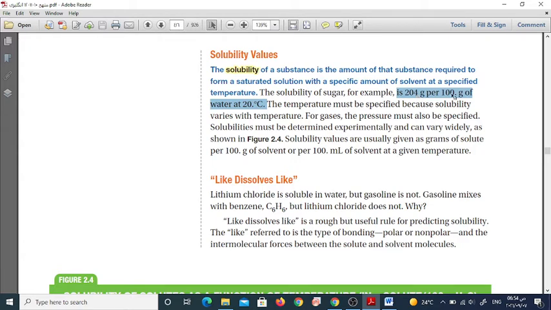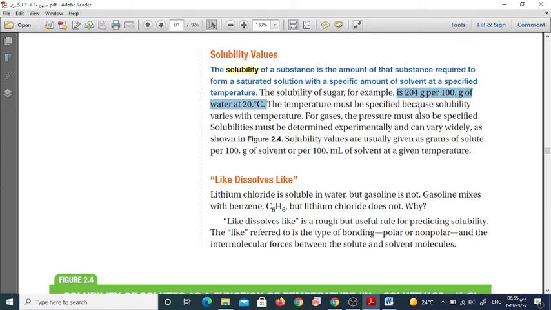If 100 grams of water contains less than 204 grams of sugar, this solution is called an unsaturated solution. If the solution contains more than 204 grams of sugar in 100 grams of water at 20 Celsius, this solution is called a supersaturated solution.